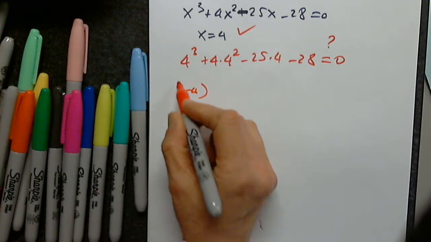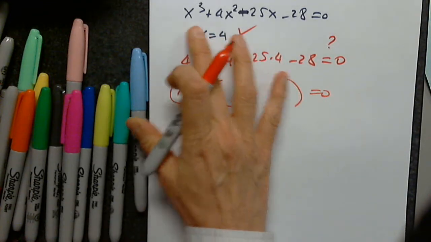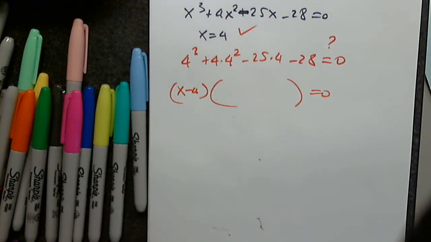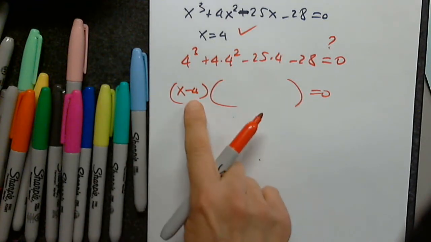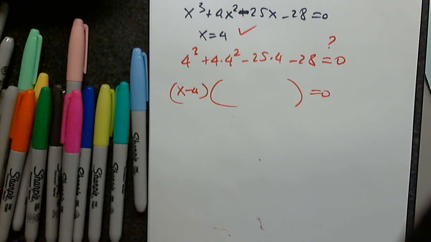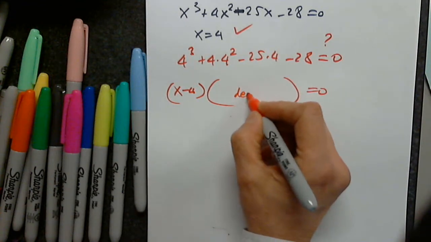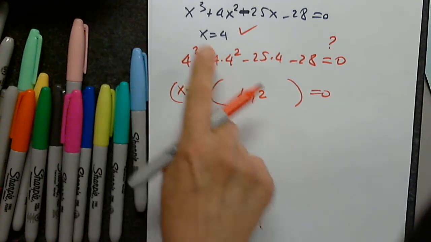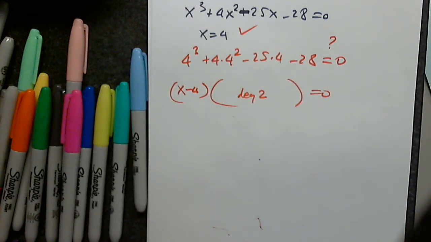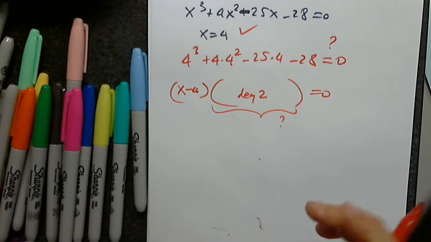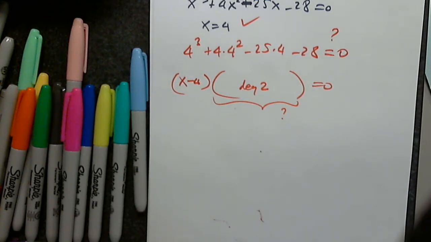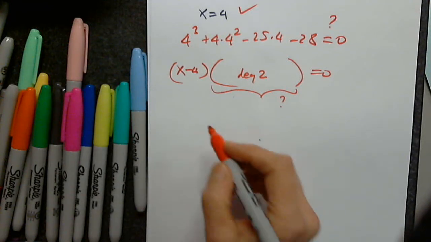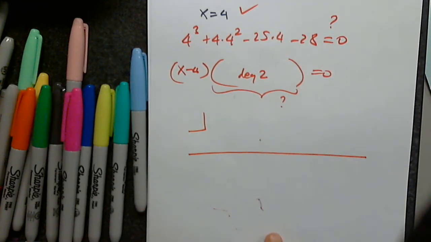Because if x equals 4 is an x-intercept, x minus 4 is a factor. So the other factor must be of degree 2, because degree 1 times degree 2 gives degree 3. But how do I find it? Synthetic division. Very good.